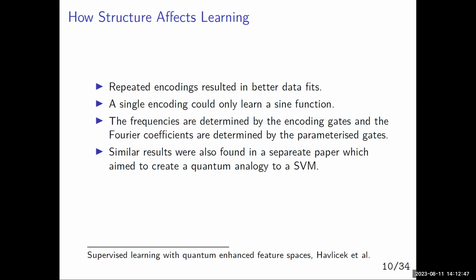And then the Fourier coefficients themselves, so how strongly each sine function contributes to the overall function, are determined by the parameterized gate. In this case, our classical algorithm, the loss function, is deciding how much each sine function contributes to the overall learned function. And the setup with the encoding gates is determining the number of frequencies we have access to.